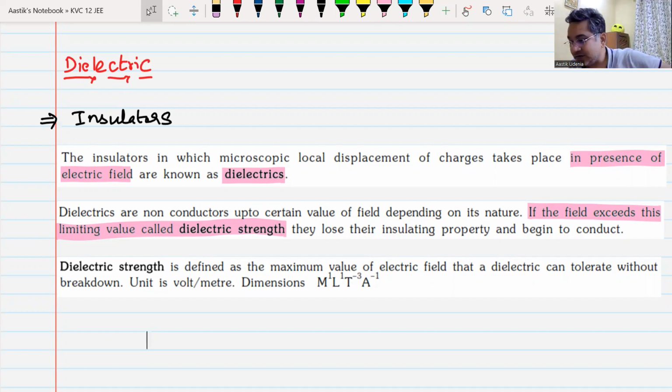The maximum electric field that it can tolerate is known as the dielectric strength, and the unit is volt per meter. So whenever you hear the term dielectric strength of a dielectric, think of it as the maximum electric field that it can tolerate. Everyone understand this? Understood, sir.